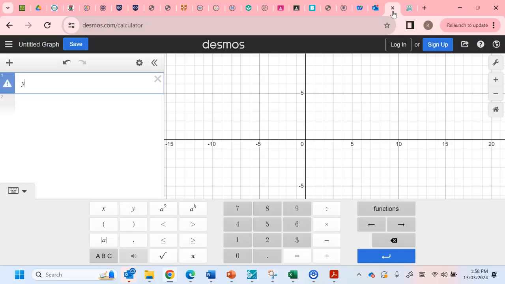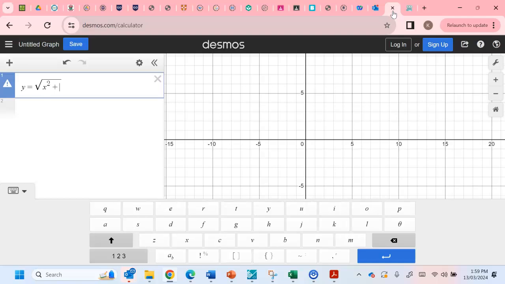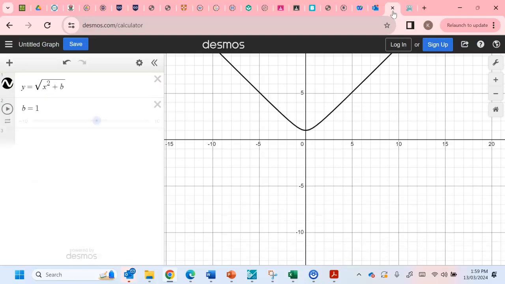So y is equal to the square root of x squared plus some value of b. So if we did 2, there it is. You could also on your calculator and on Desmos, but you won't be using Desmos, you could add a slider. So if you wanted to put b in, you can add a slider on your calculator. So you can see basically going anywhere from 0 to 5.